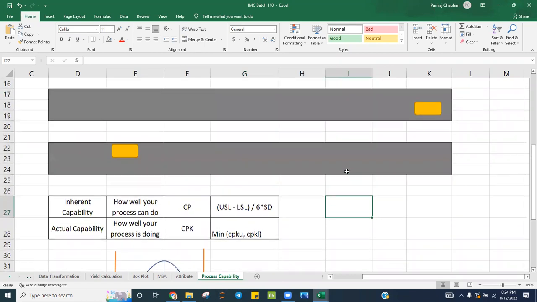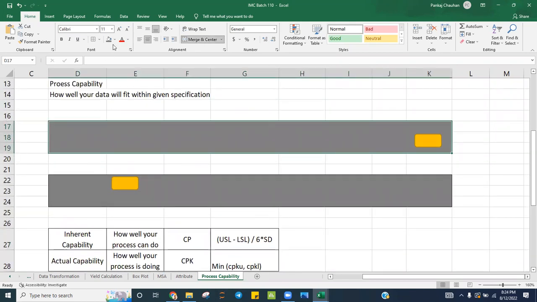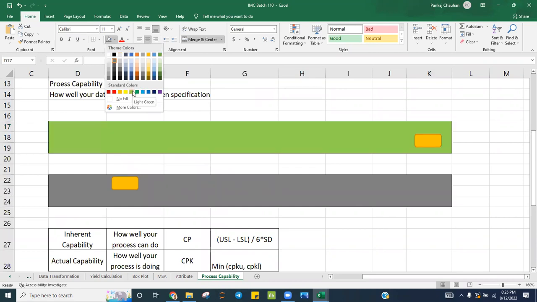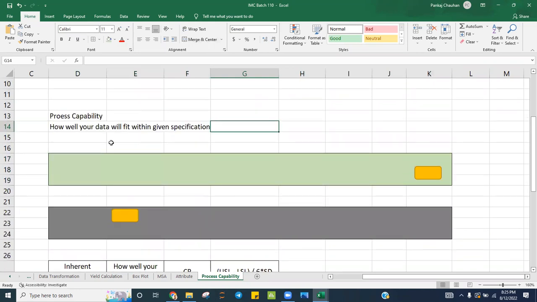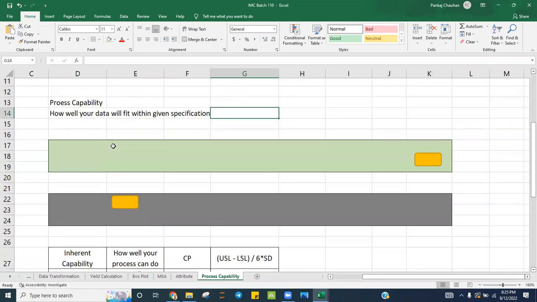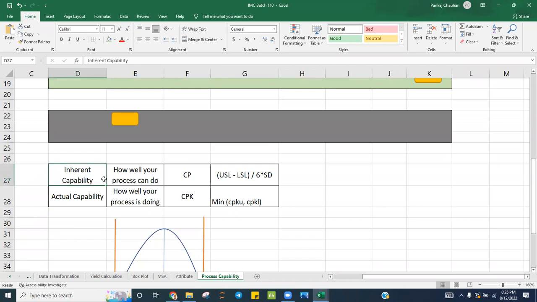Another example I'll say, now there is a road. Generally, how will you get your driving license? You will get the driving license when you are driving on the standard road, and then you are driving on the actual road. So what is the inherent capability here? Inherent capability means how well you are doing in the test.